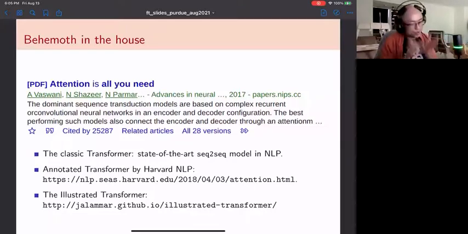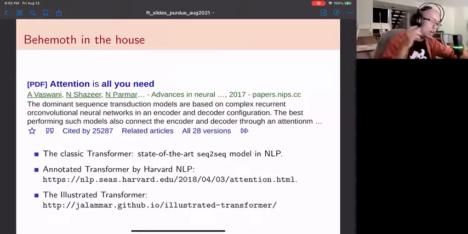If we view operator learning as a sequence-to-sequence problem, we have to talk about the transformer. The transformer is arguably the most influential work of the last 10 years in natural language processing because it really achieves sequence-length-invariant performance.